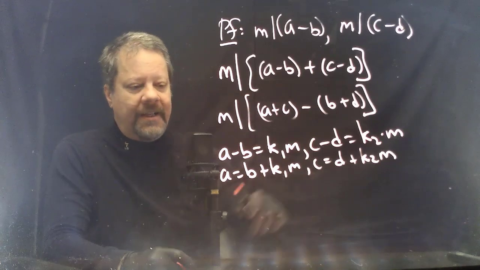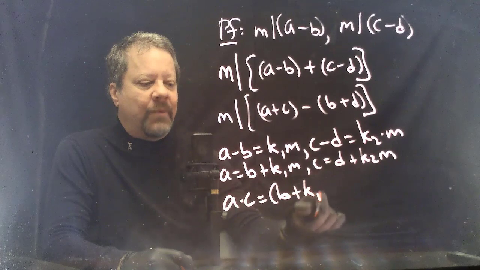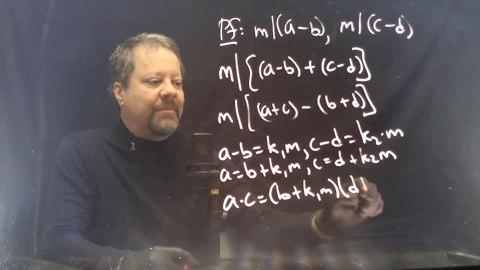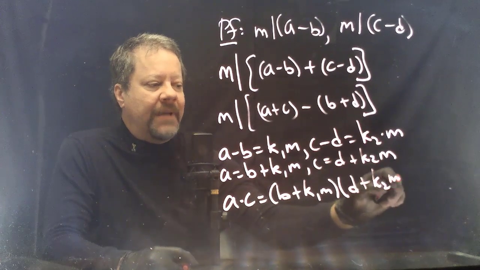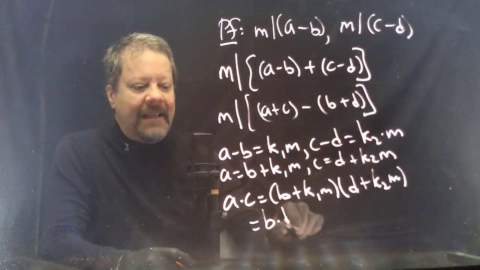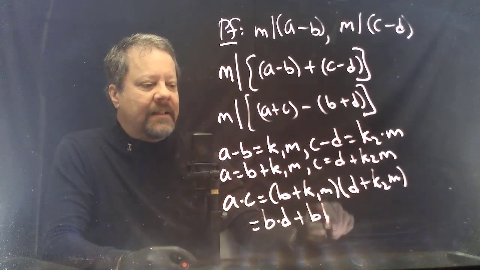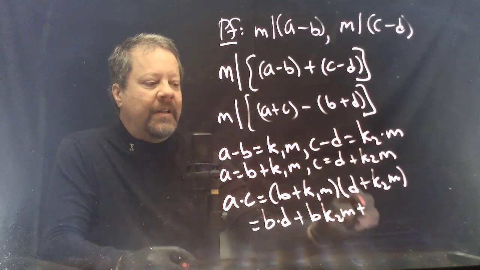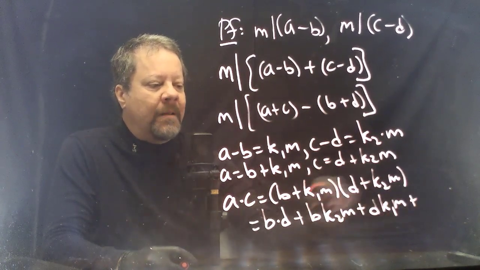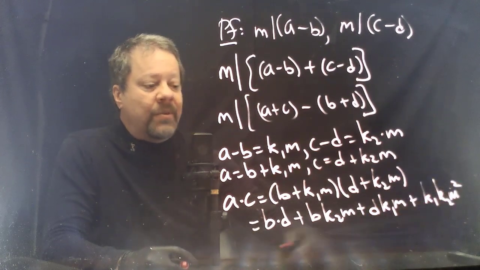It follows then that A times C is (B plus k1m) times (D plus k2m). Well, that's B times D, and then we'll have B times k2m plus D times k1m plus k1 k2 m squared.